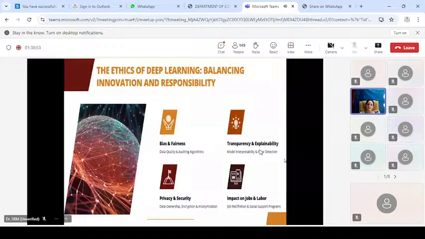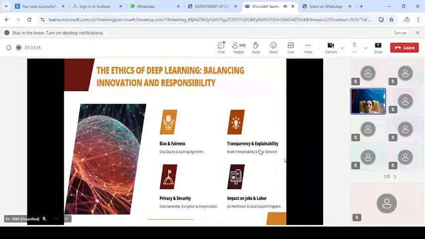Bias and fairness. One of the most critical ethical concerns is the risk of perpetuating the existing societal biases, especially through ML algorithms, machine learning. These algorithms reflect the tendencies present in their training data itself.